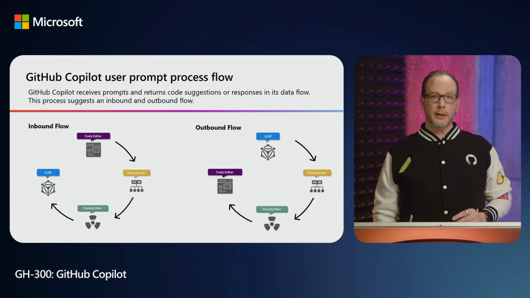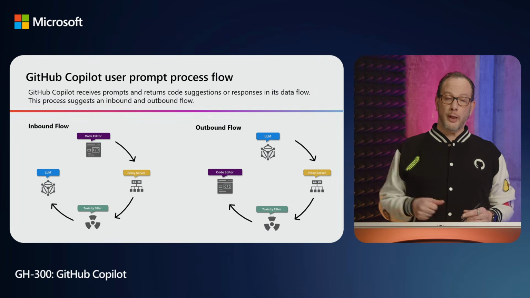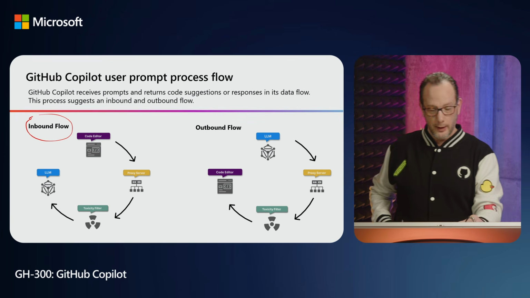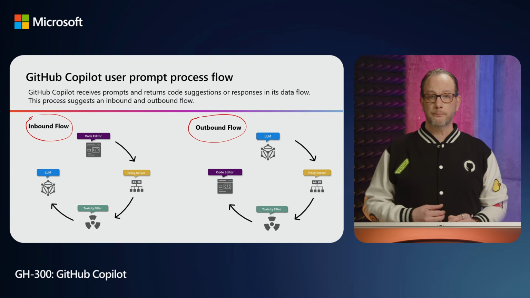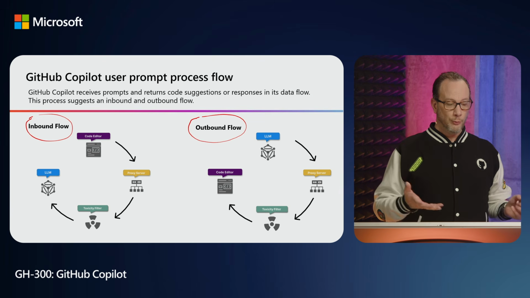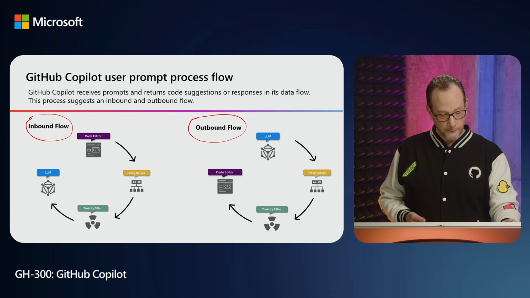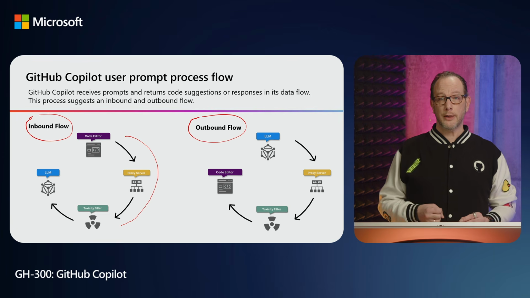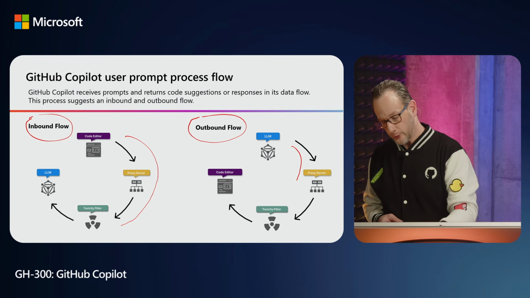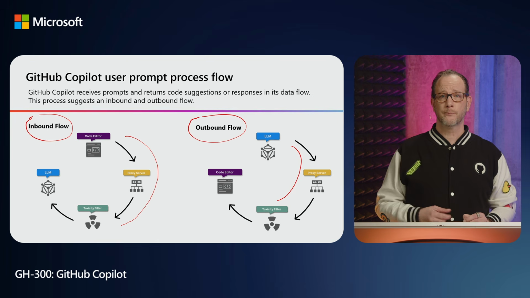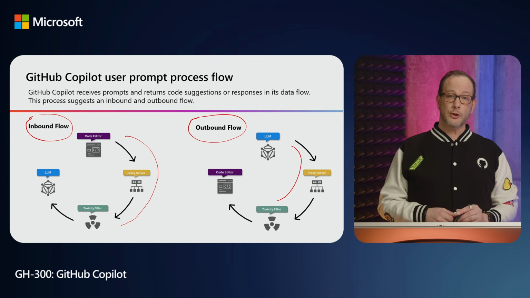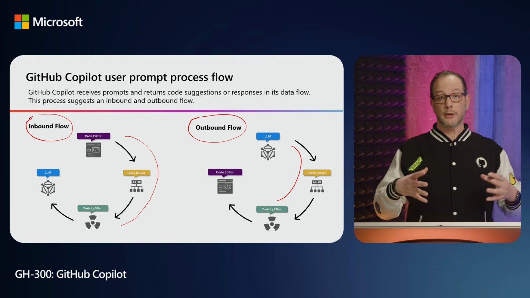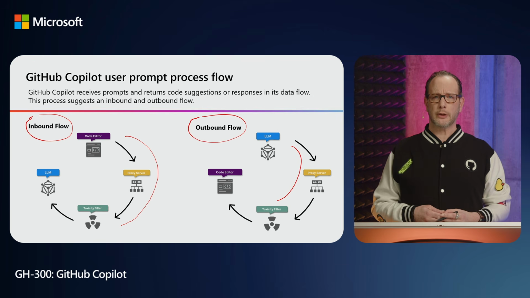This slide explains exactly how GitHub Copilot handles prompts through inbound as well as outbound data flows. Prompts are received, then processed, and then returned in the outbound flow as suggestions or responses, highlighting the life cycle of each individual request.